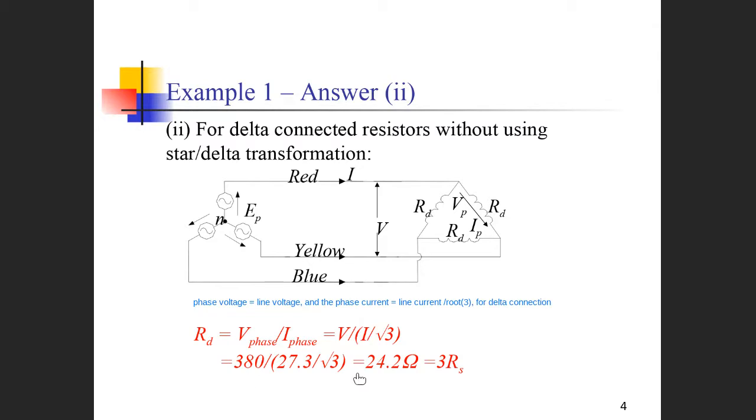So the delta equivalent resistance required is 24.2 ohms, which is 3 times that of the star connection.